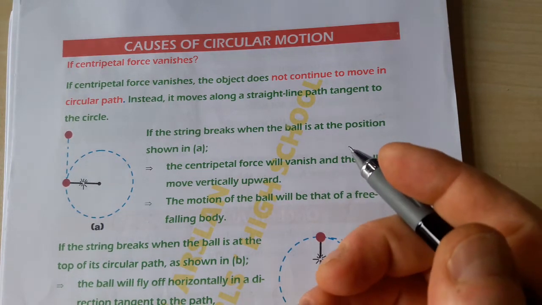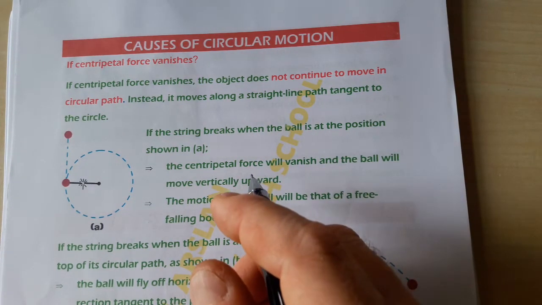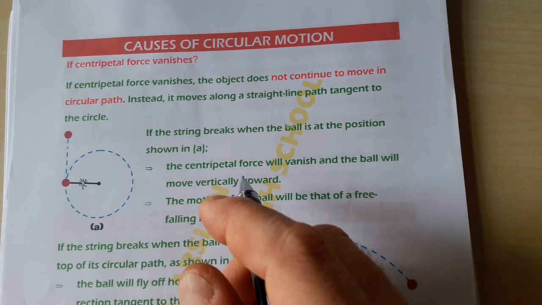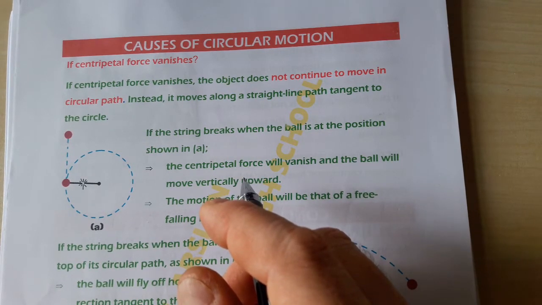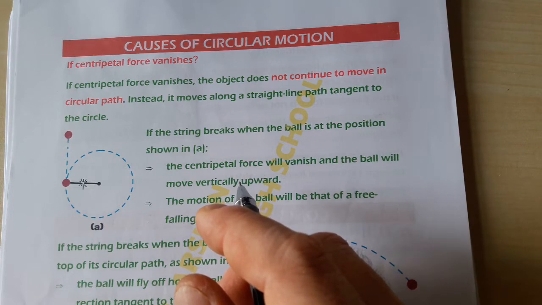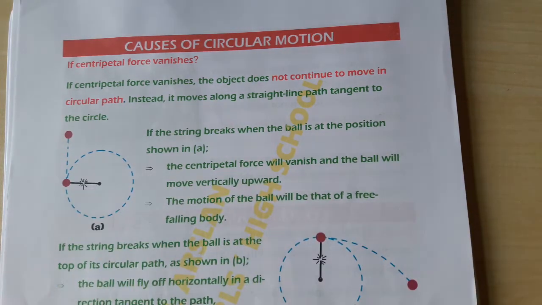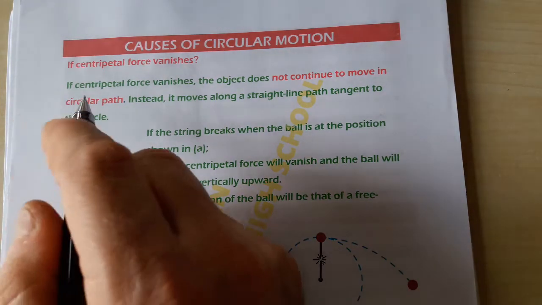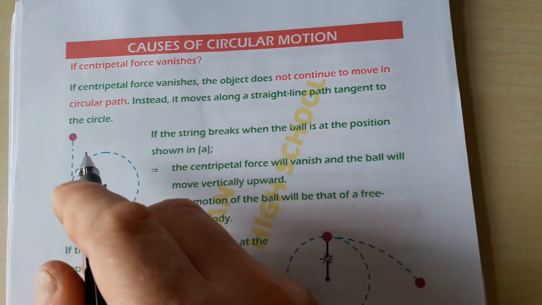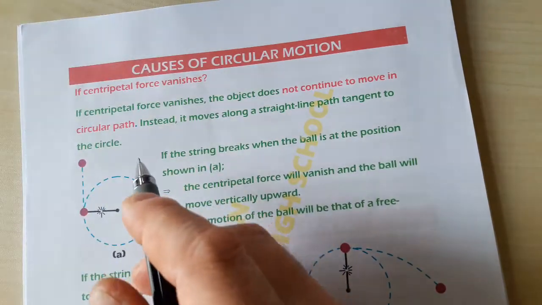So any kind of force which causes an object to move on a circle is called centripetal force. It could be only a single force or more than one force. If more than one force is acting on the object, you should calculate the resultant of them. Then the resultant force will be the centripetal force acting on the object.